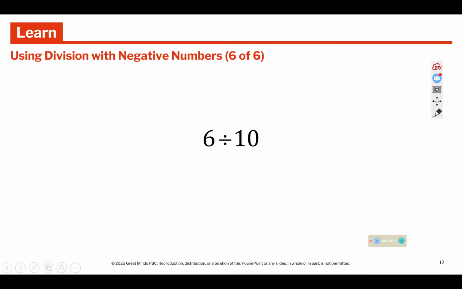Now we're going to rapid fire here. Just tell me if you think the result is positive or negative. How about negative 27 divided by 9? Negative 10 divided by 5?